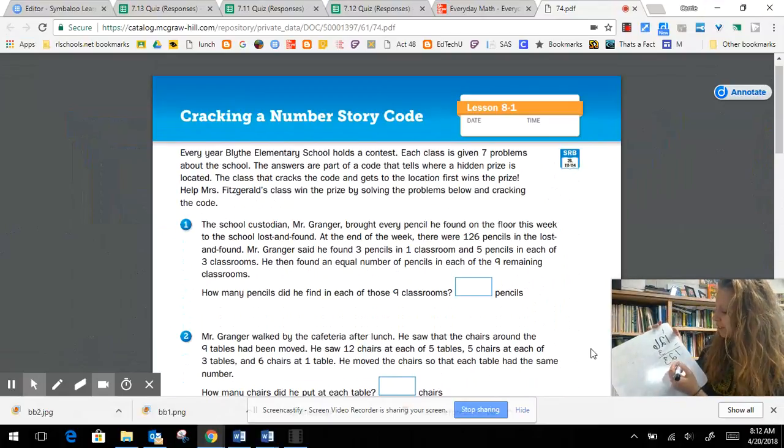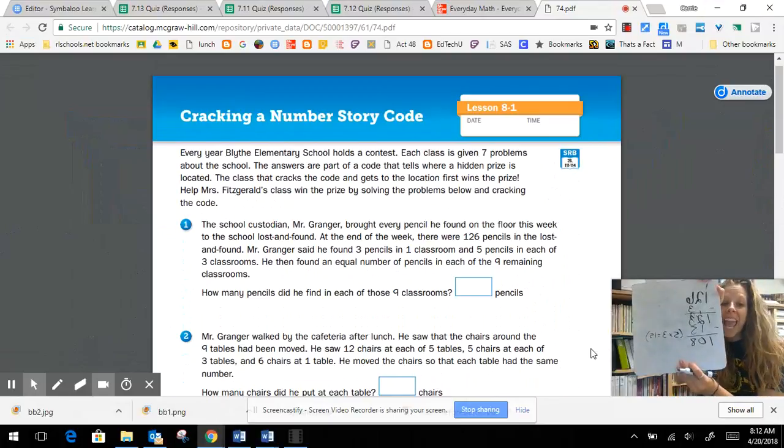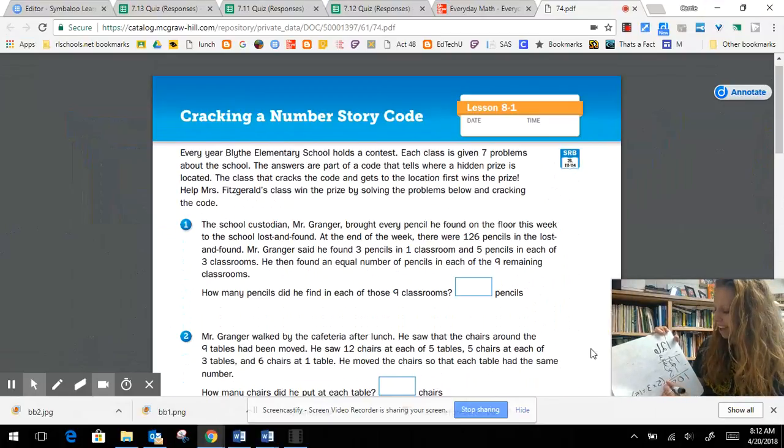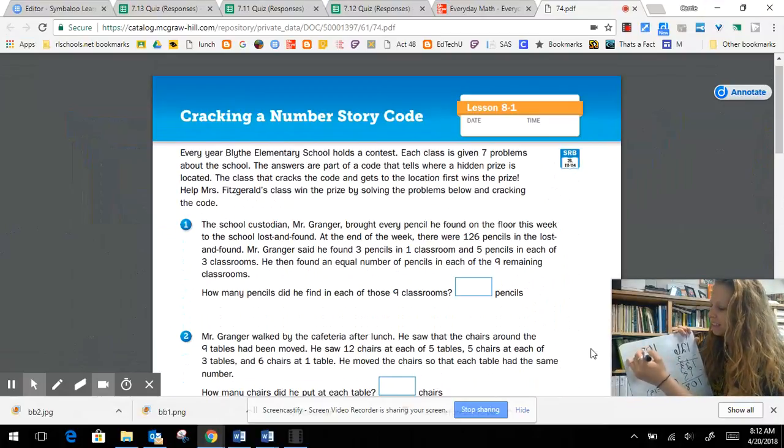So 123, and then we did the 5 times 3 was 15. So I'm going to subtract 15 from here. Whew! Must be a long time since I did a video, guys. So we have 108 divided by 9. So I think this will work out better for me this time. 9 goes into 10 one time. 1 times 9 is 9.